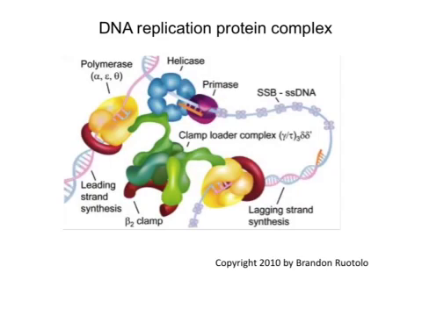So in fact, it appears that all of the major proteins at the replication fork are held to each other: primase, helicase, polymerase, and clamp, and they are held together through this complex, which has the clamp loader at the center of it.